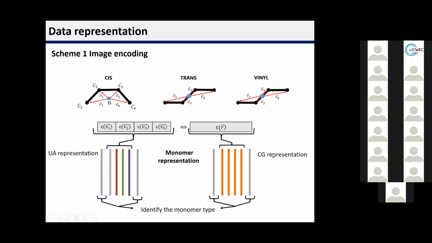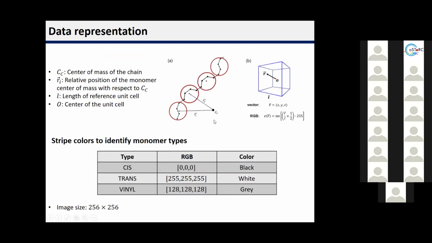Now for the coarse-grained representation, we save only this vector right here, which is the relative position of the monomer center of mass with respect to the chain center of mass. Okay, thanks.